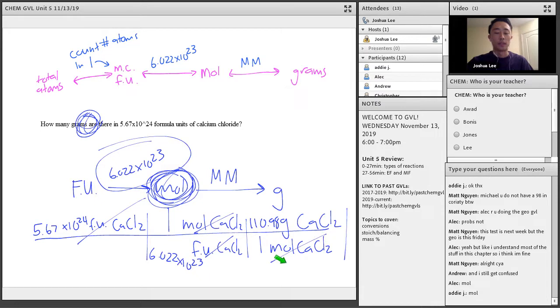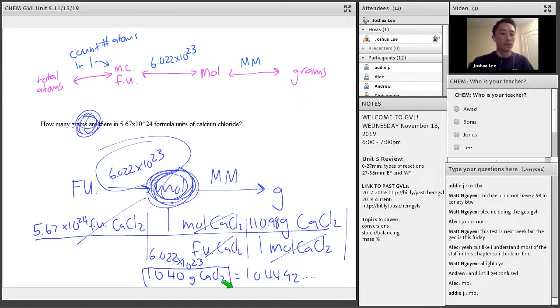Moles cancels out. Stuck with grams, times 5.67 times 10 to the 24th, divided by Avogadro's number. Yep. You get 1044.92 dot dot dot, with 3 sig figs it's 1040 grams of CaCl2.